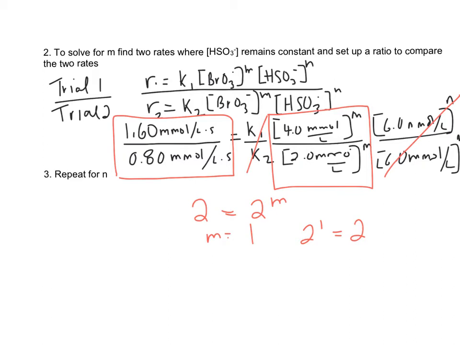And you're going to repeat this for n to figure out what that value is. So for n, for the hydrogen sulfite, I'm going to use trials 3 and 2 because the concentration of bromate was constant. And I'm going to put trial 2 over trial 3 because that will give me a whole number.